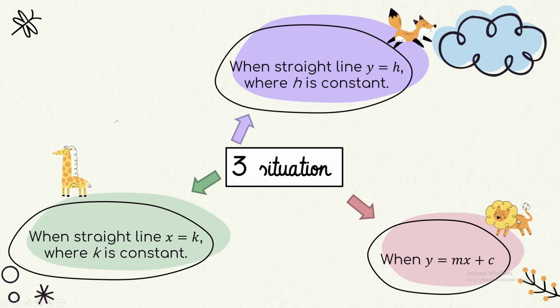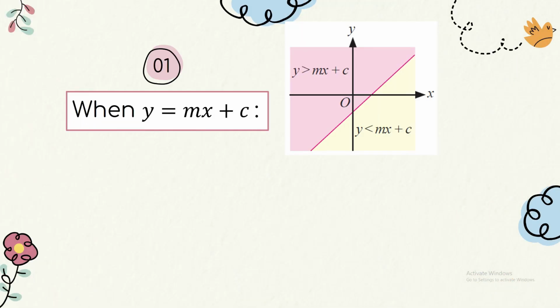The first situation is when y equals mx plus c, the second is when the straight line is y equals h, where h is a constant, and the third is when the straight line is x equals k, where k is a constant. First we look at the situation when y equals mx plus c.